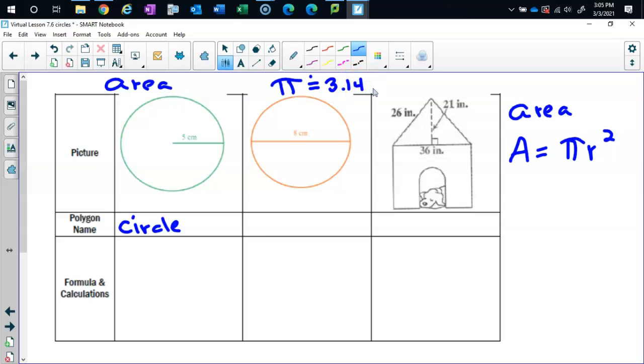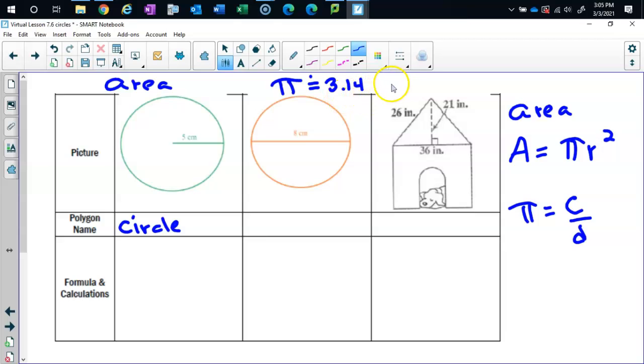Guys, pi is the ratio of circumference divided by diameter. Circumference divided by diameter. Every circle in the world, if you take the circumference and divide it by its diameter, you get pi, which is approximately 3.14.